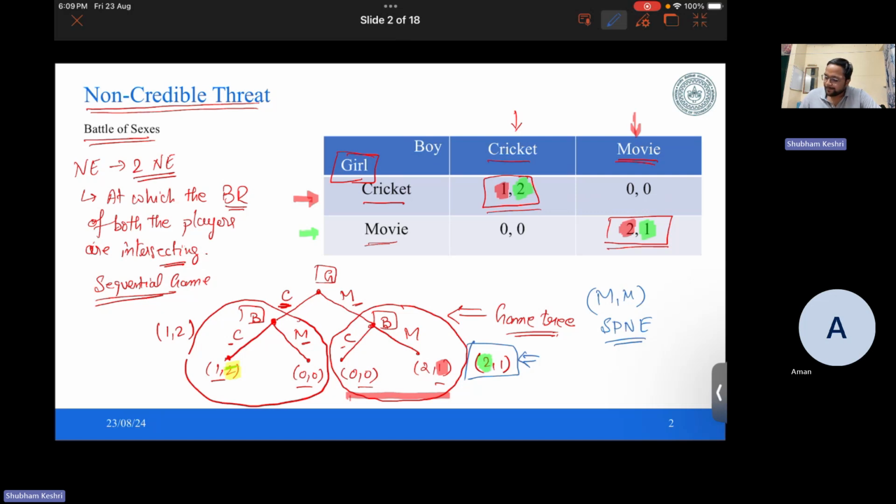You can just verify, and it is not very difficult. You have to just interchange the positions of boy and girl, and then find using backward induction the subgame perfect Nash equilibrium, and it will come out to be cricket, cricket for that case. Now for this case we have movie.